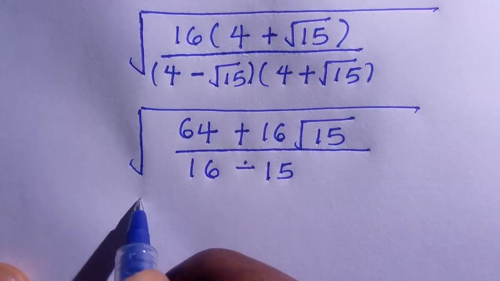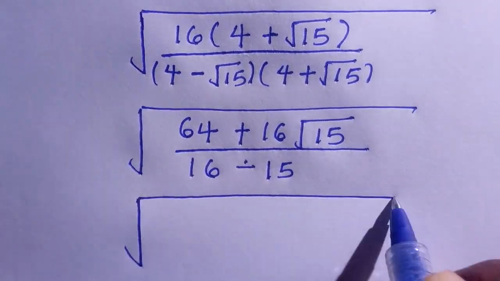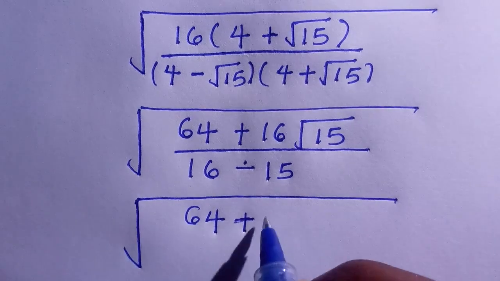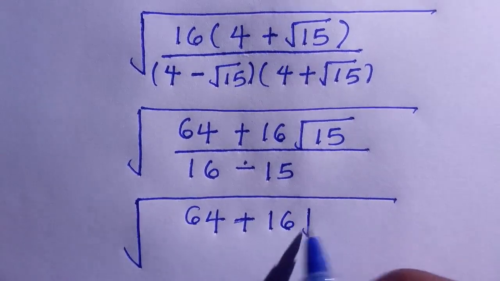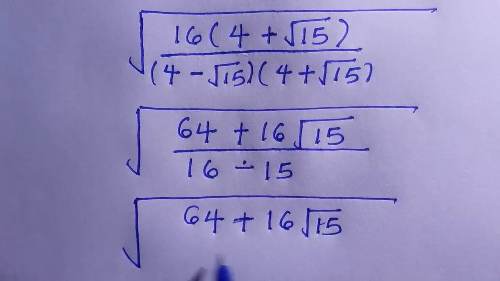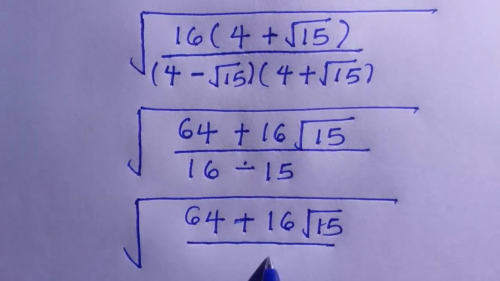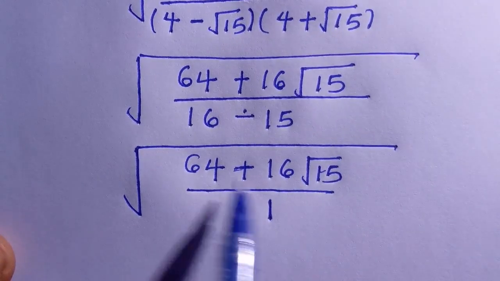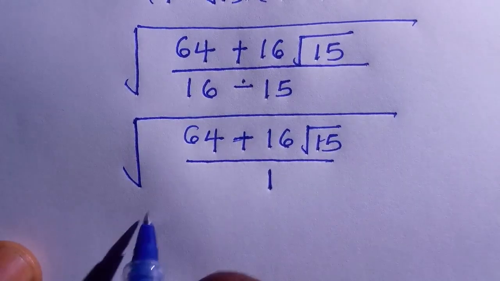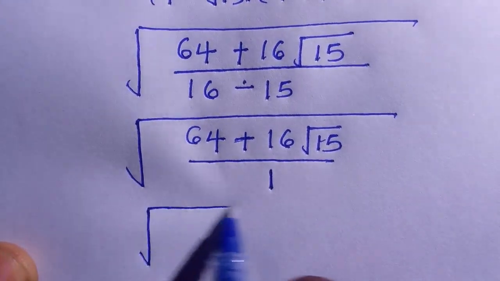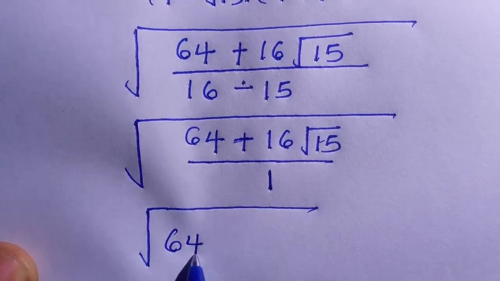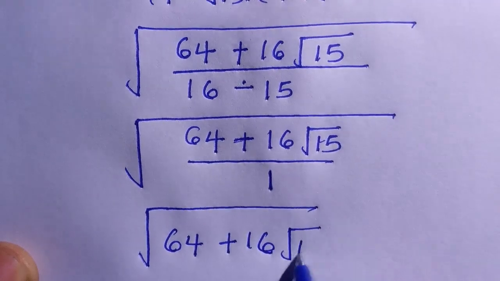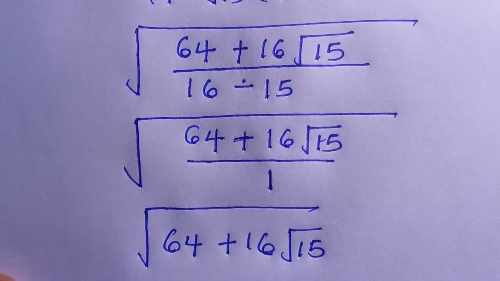And then we have here as the square root of 64 plus 16 square root of 15 divided by 1. So here is what we have. Then we have this as square root of 64 plus 16 square root of 15.